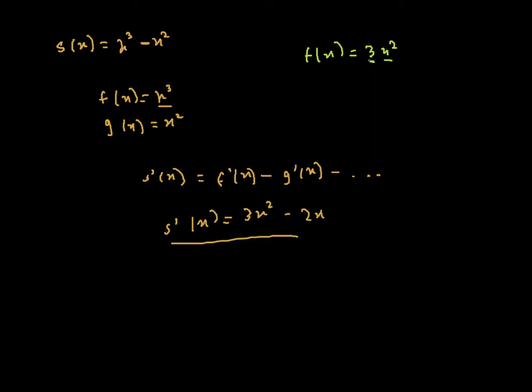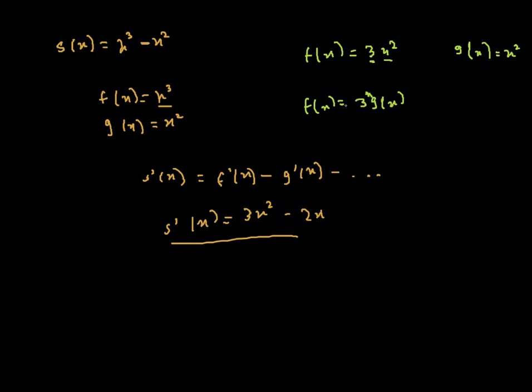You take it outside the function, and you just derive the second function. Say g of x is x squared, so f of x is 3 times g of x, with a simple multiplication sign.